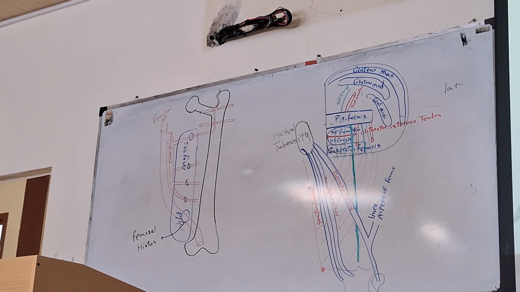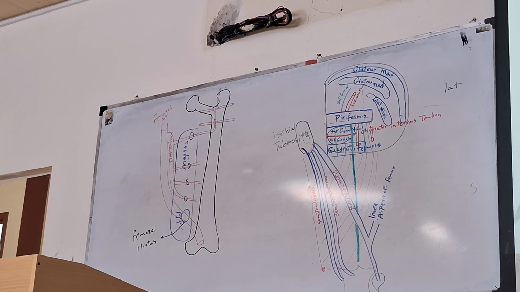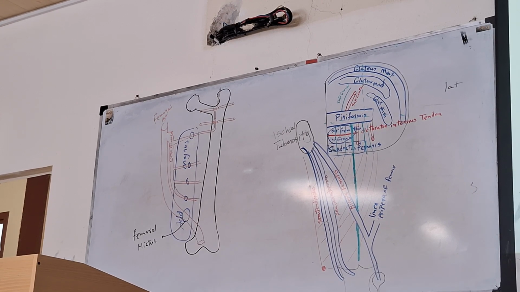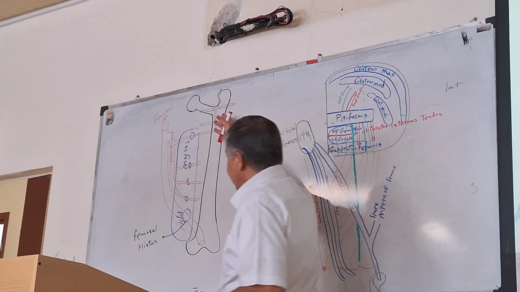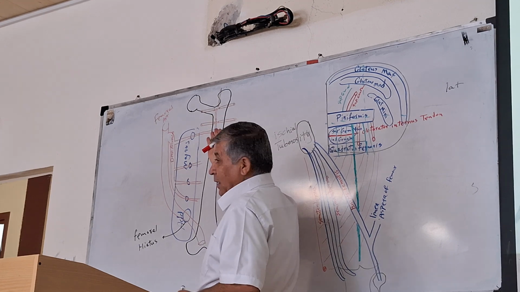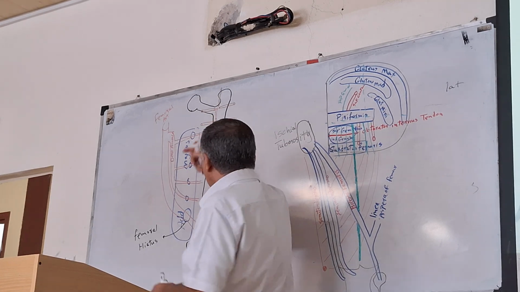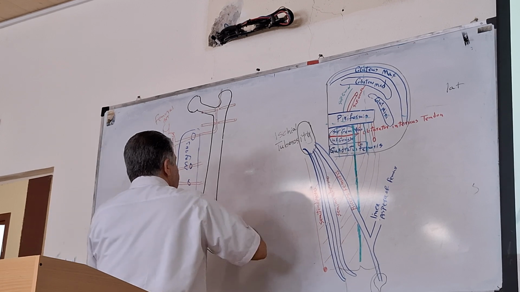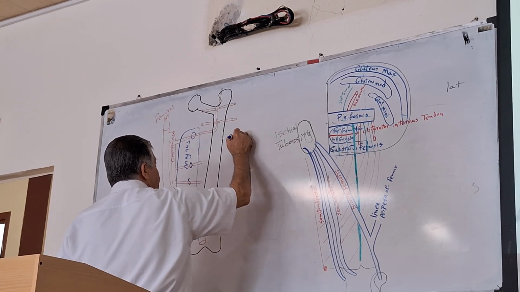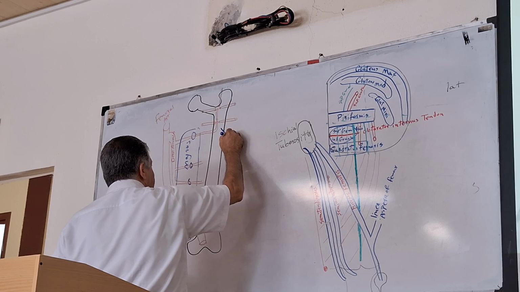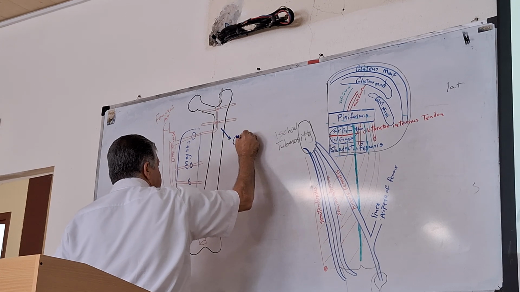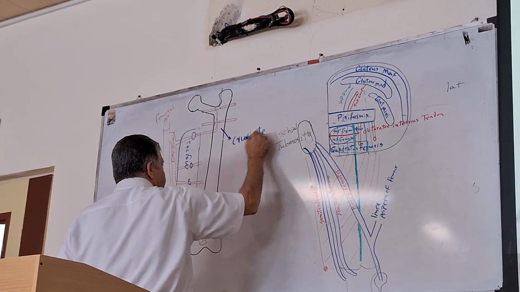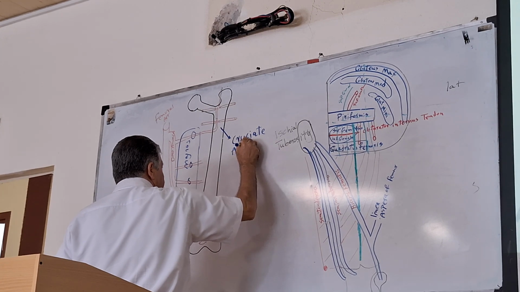The gluteal region is very important because there are two important anastomoses. The lower anastomosis is called the cruciate anastomosis.